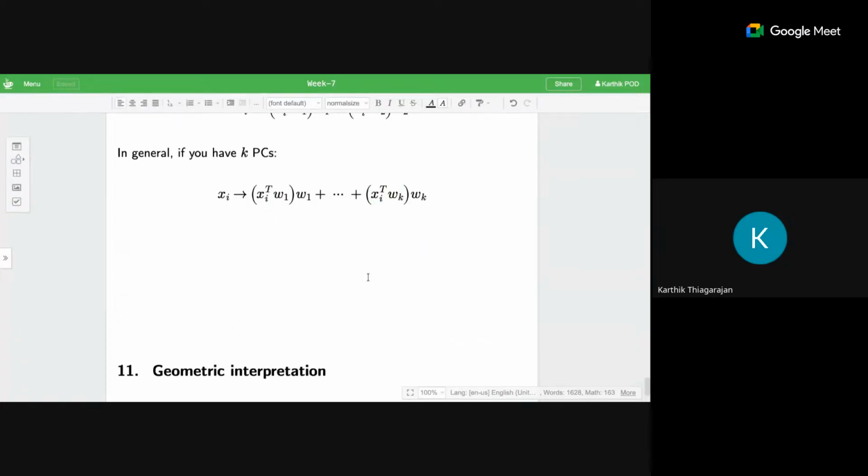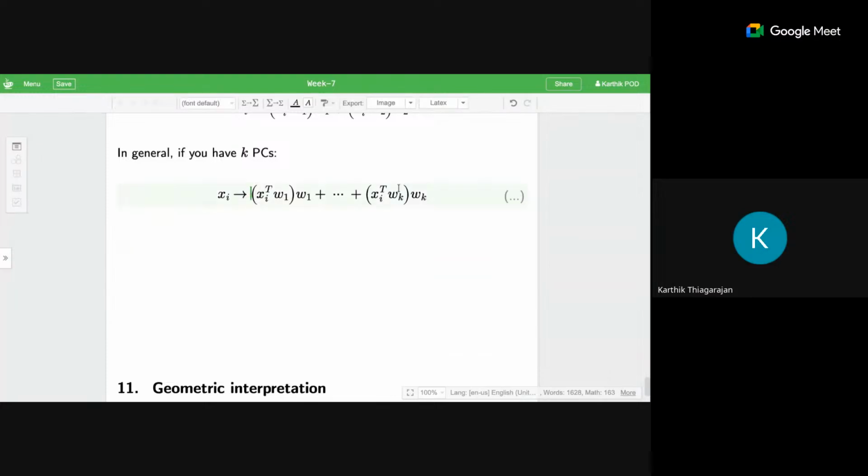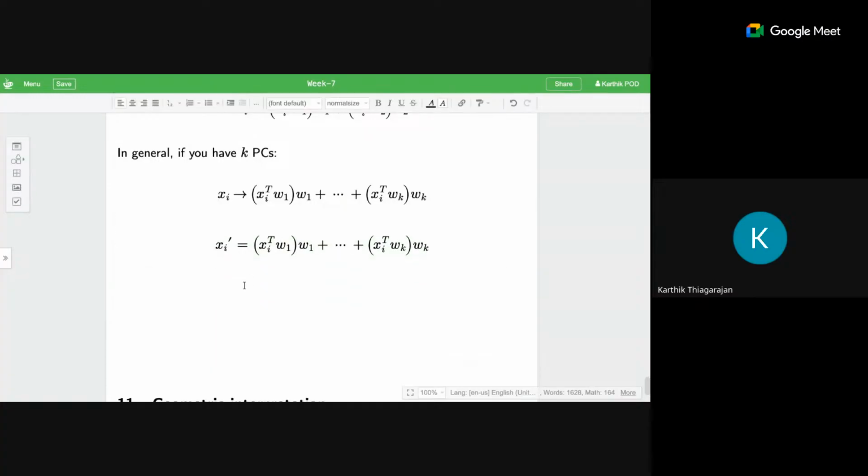In applications, let's call this xi prime. In which space is xi prime lying? R what? R^d or R^k? Think about it.